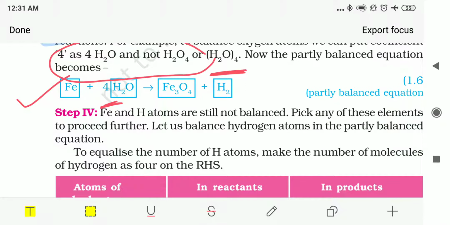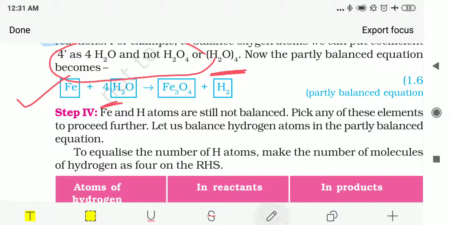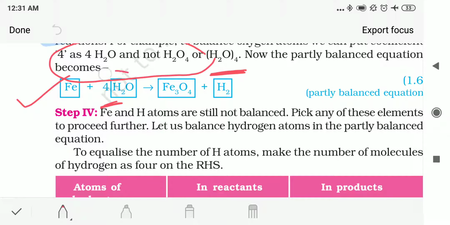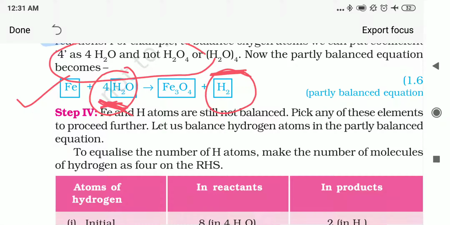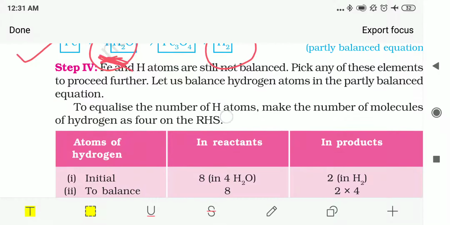As you can see, on the right hand side we have 2 atoms of hydrogen, and on the left hand side we have 8 atoms of hydrogen. Yes students, this 4 will be multiplied with this 2 and we have 8 atoms of hydrogen on the left hand side, and on the right hand side we have 2 atoms of hydrogen.